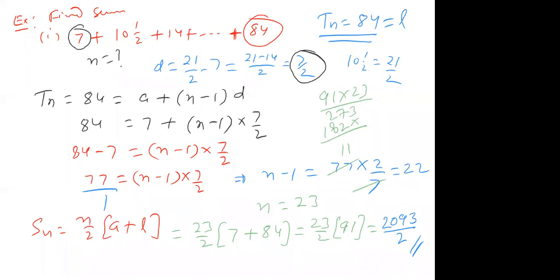Now, a different type of problem I'm taking now. Next is: given that a is equal to 7, the 13th term a13 is equal to 35.